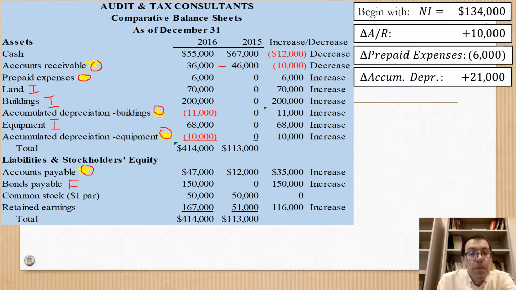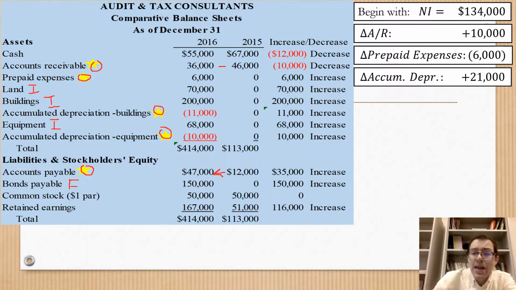Accounts payable. Alright, so accounts payable went up by 35,000. So there were expenses when you did that, right? I don't know where you owe the money. Maybe you owe it to an advertiser, or you owe it to your employees for wages. Some kind of expense goes up, and then accounts payable goes up. So there's definitely an expense, but there's no cash flow.